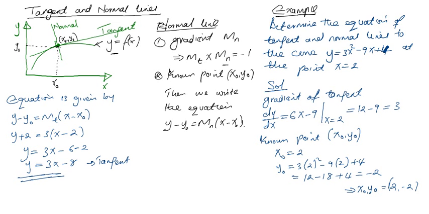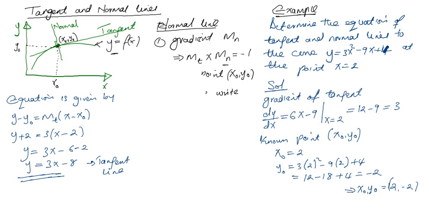This is the tangent line. Now we're interested in the normal line. So how do you get the normal line? First, we must get the gradient, mn. And how do you get that? You multiply the gradient of the tangent by the gradient of the normal. It should give us negative 1. I want to erase part of this so that I have a place to write.